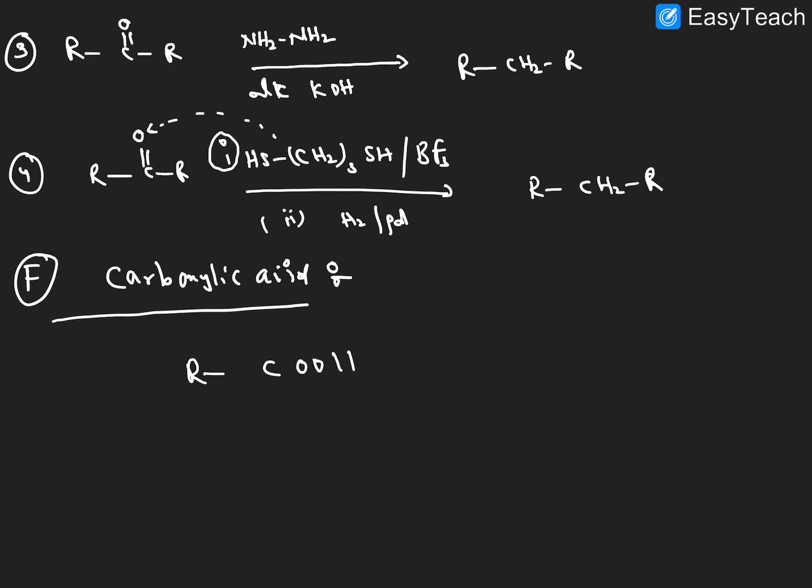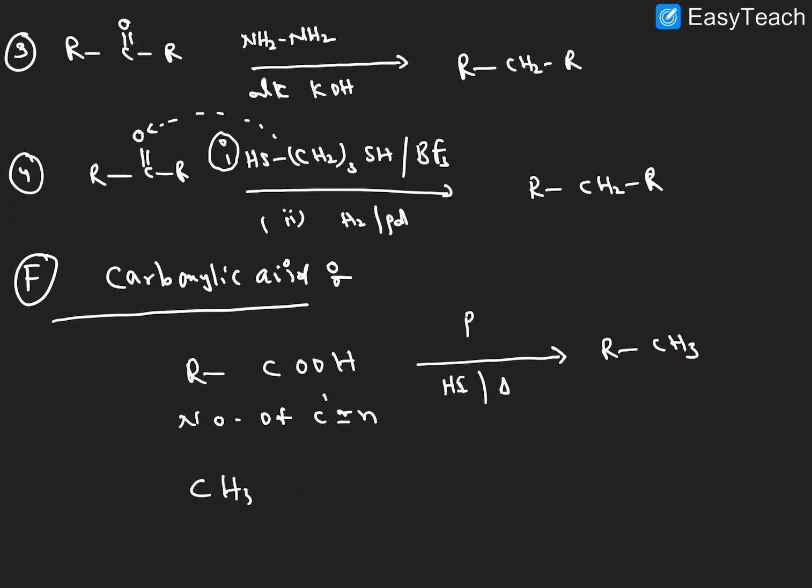R COOH. The number of carbons here is n, and we get the same number. What is the reagent here? Red phosphorus in the presence of HI and under heating. So what will we get here? R CH3. The number of carbons in the reactant equals that in the product.